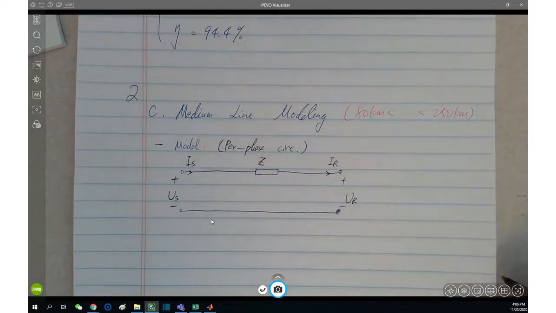So far the circuit is exactly the same as what we learned from the short line model, right? So the point is, what's the difference between the medium and the short? The difference is here.